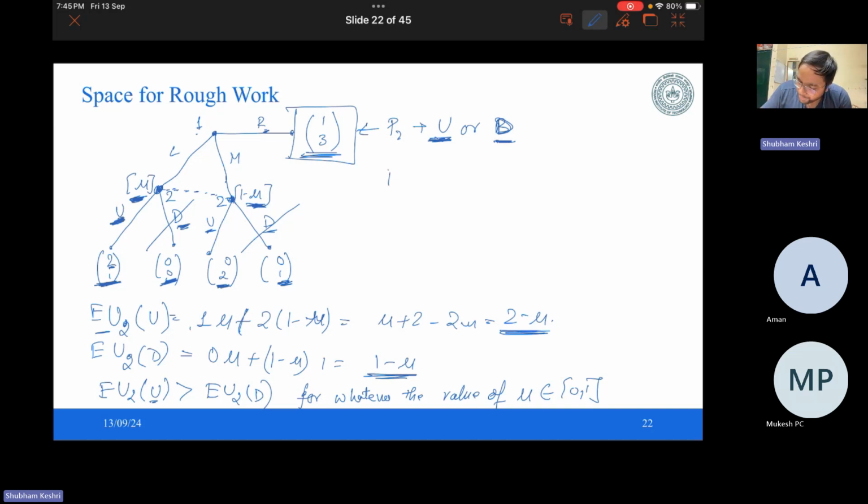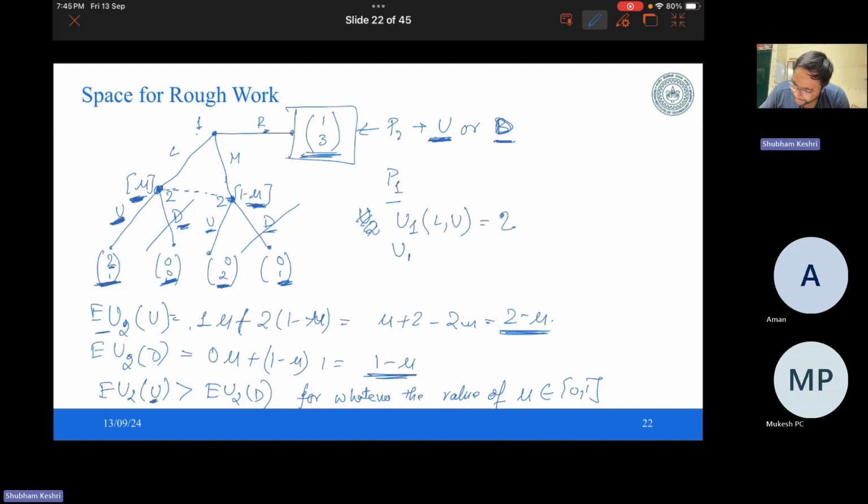So player 1 knows that player 2 will play U. So we'll have to calculate the utility of player 1 when he plays L and player 2 plays U, because he knows player 2 will play U, he will not play D. In that case it will be 2, right?